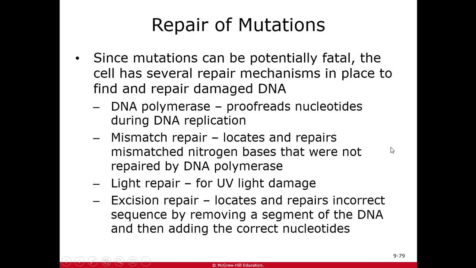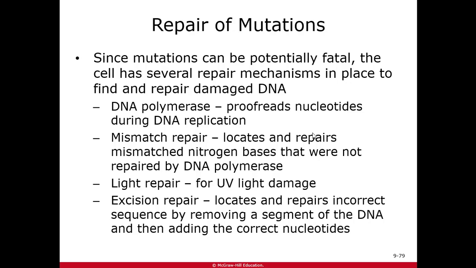Otherwise, we do have different enzymes and different structures that can go through and fix different mutations. It can remove an incorrect base and bring in the correct base. If something was linked or bonded incorrectly, it can go through and undo that as well. So we do have some repair mechanisms for different mutations.